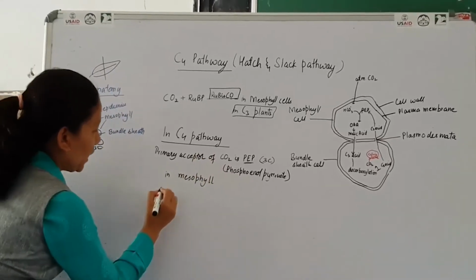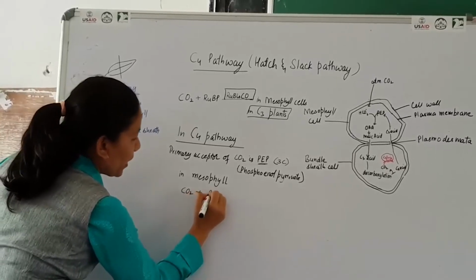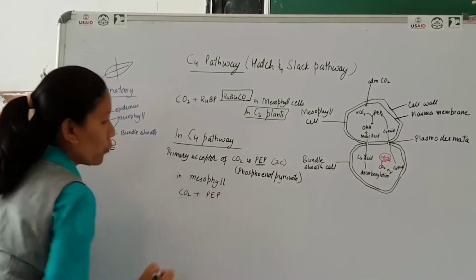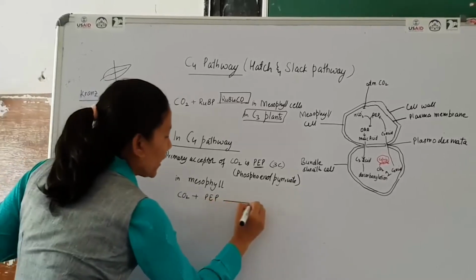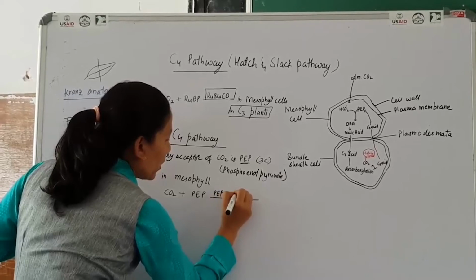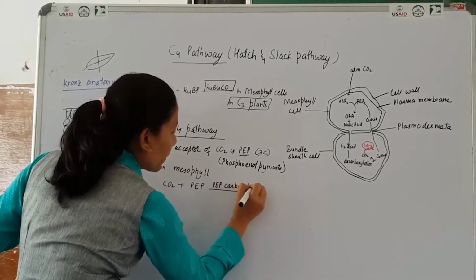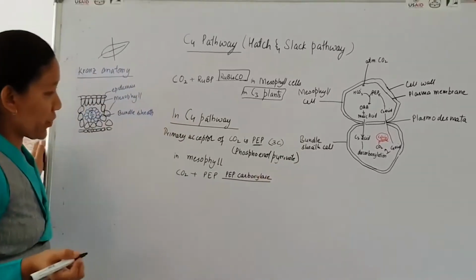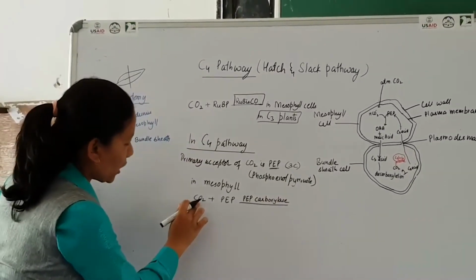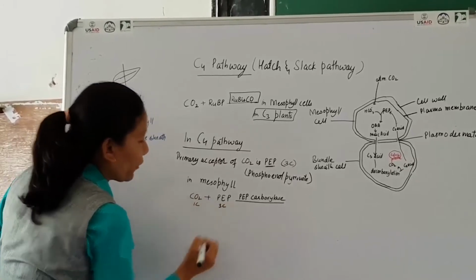Okay, now see here, one molecule of carbon dioxide is accepted by phosphoenol pyruvate, catalyzed by phosphoenol pyruvate carboxylase, or we can just write PEPcase. So here one carbon, another, here we have 3 carbon.